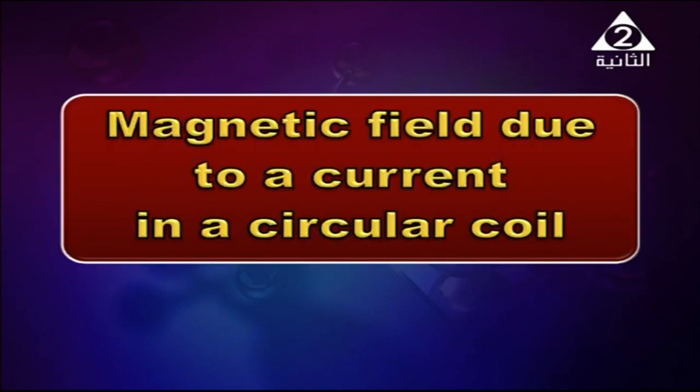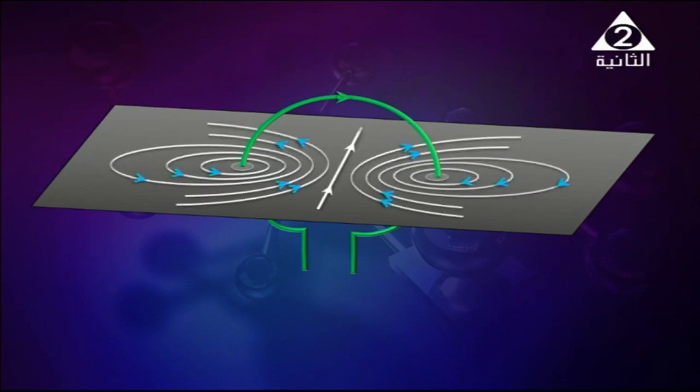And now talking about the magnetic field due to a current in a circular coil. So we've got a current carrying circular coil. It is shown in front of you. We've got a circular coil in which a current flows in a clockwise direction. Note the field produced when the current flows. What about the field at the center of the circular coil or circular loop?